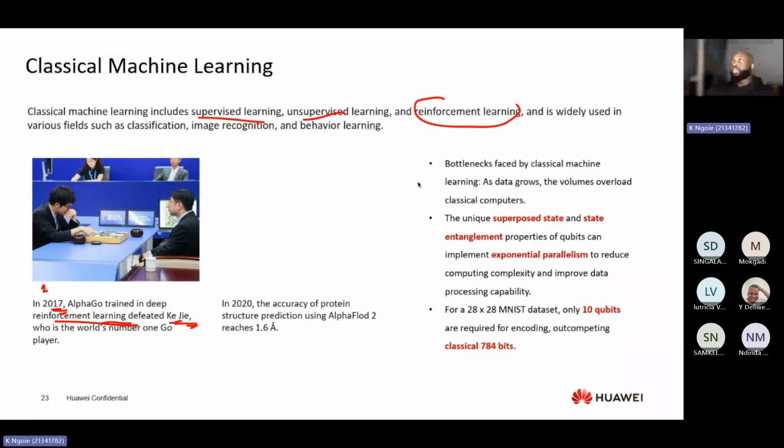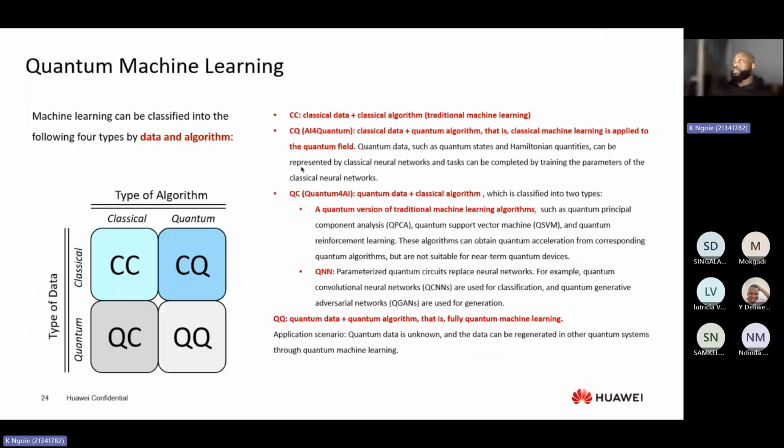With these technologies, we've been able to work in fields such as solving classification problems, image recognition, and learning behavior of different scenarios. We could do it without quantum computing. But with quantum computers, it can be more advanced because we can introduce other concepts.